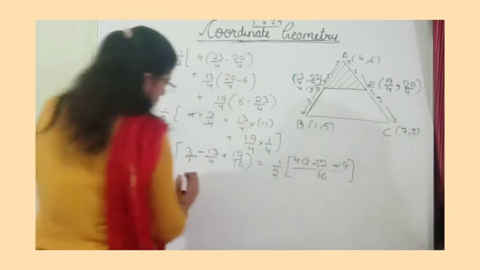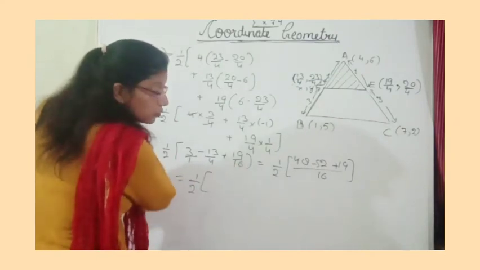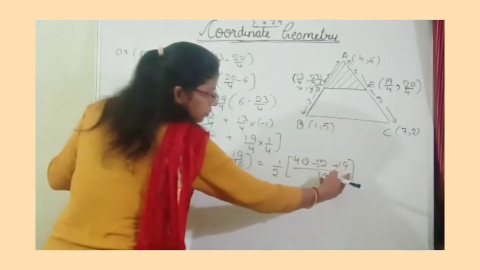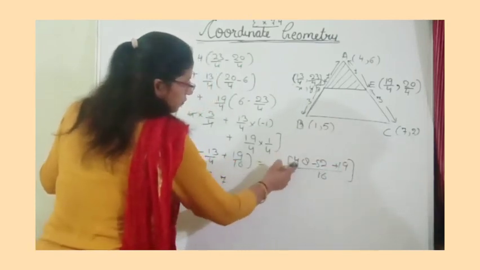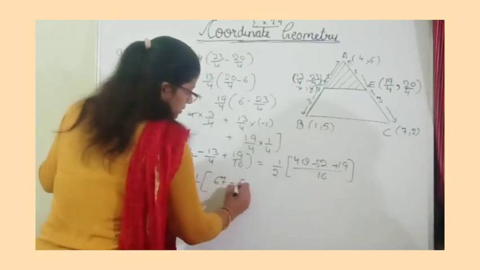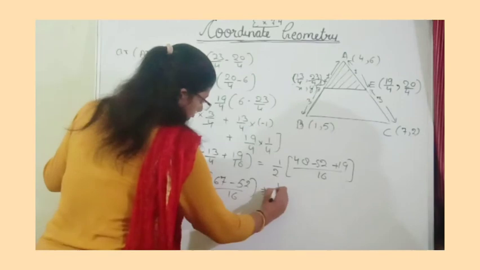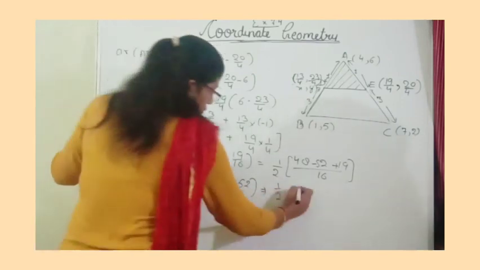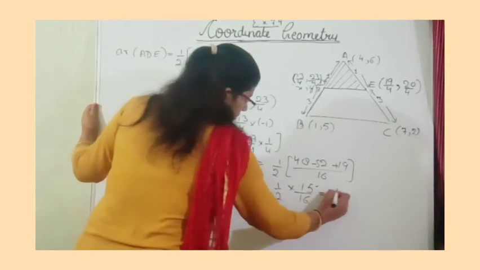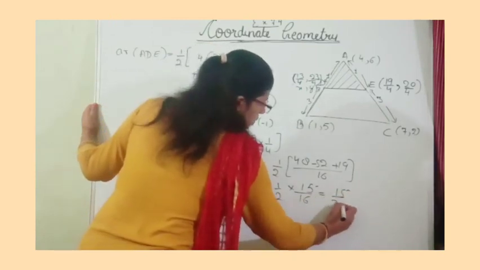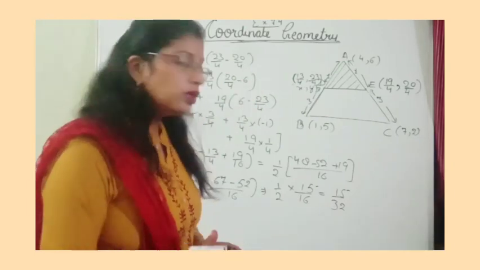So now solve this. You will get 1 upon 2. Now solve it. Plus and plus will add together, 8 2s are 16, 17 plus 7, carry over 1, 4 5 is 16 minus 52 upon 16. So this you will get 1 upon 2 into 15 upon 16. That means you will get 15 upon 32. So the area of triangle ADE is 15 upon 32.